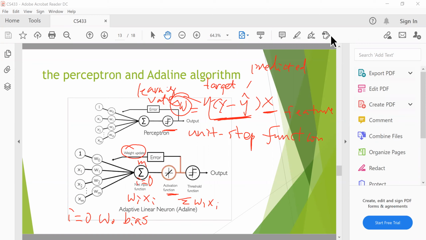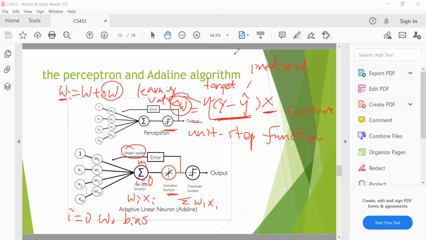Then your weight is updated as W plus delta W. So this is the updating part. And we have a number of iterations, and in each iteration we do this kind of calculation and then update the weight, and then your weight will gradually approach the optimal value.